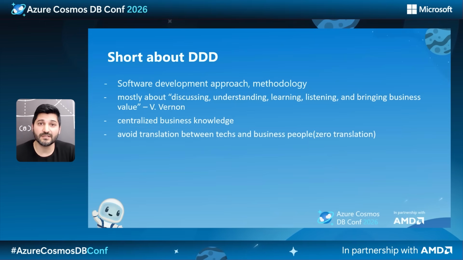And why domain-driven design? Because in a complex domain, you need a centralized business knowledge. In a complex business domain, you need to remove the gap between your business people and software developers. So the business will live inside your code, and you don't need to maintain a lot of documents in order to understand what's going on in your application.